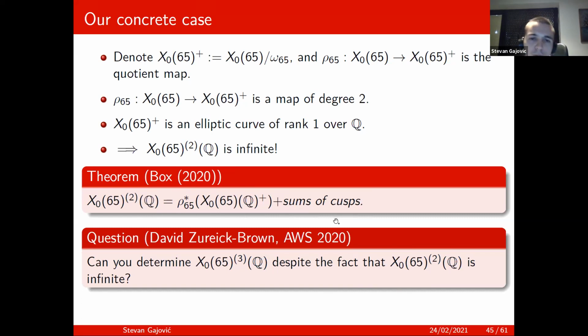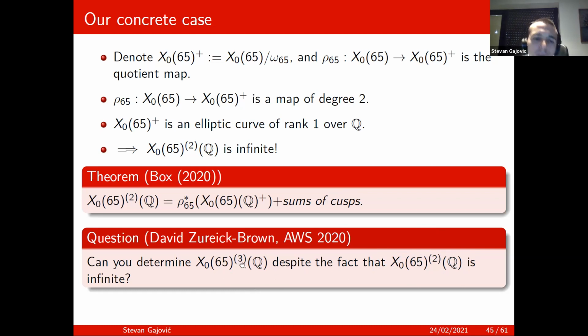So these are sums of rational points. And what was unknown previously was how to determine larger powers of curves. So how to determine cubic points on this curve if we already know that the set of quadratic points is infinite. For example, if we take any rational point on X naught 65, then we add this point plus all quadratic points, it is an element of the cubic power.